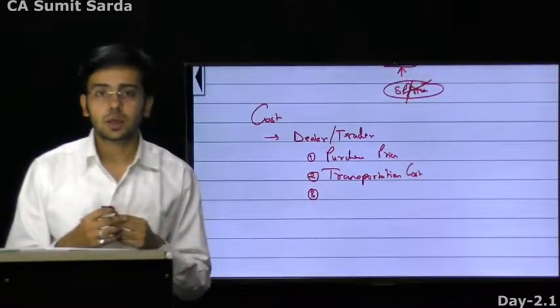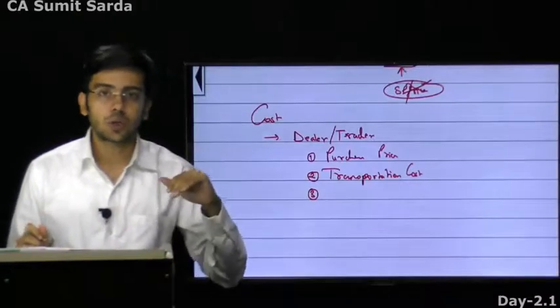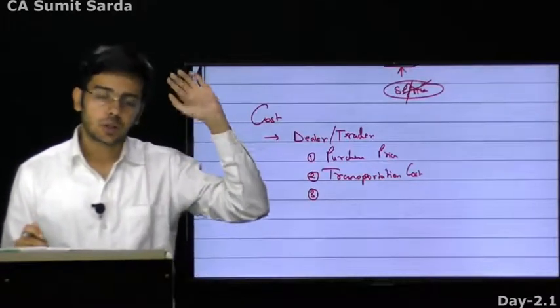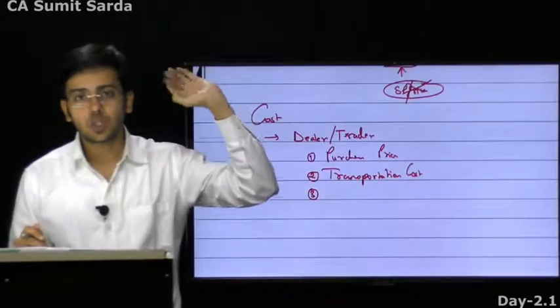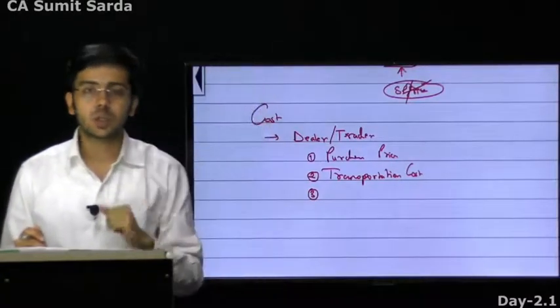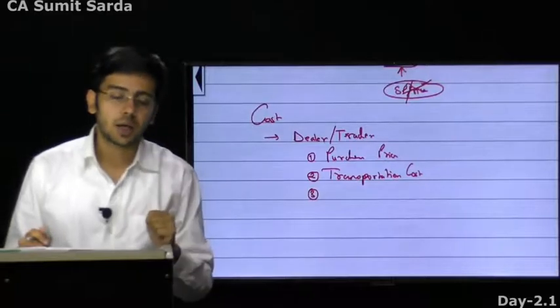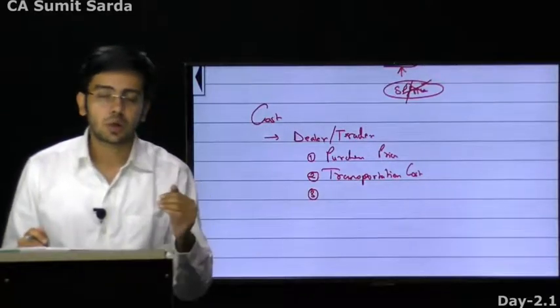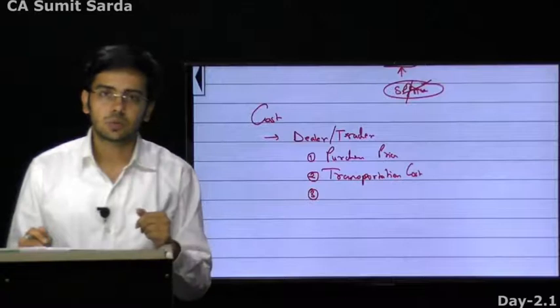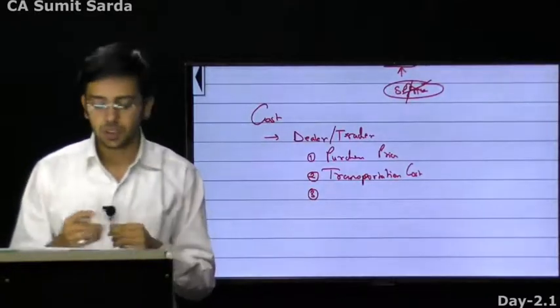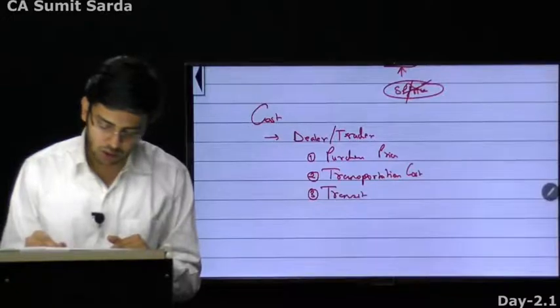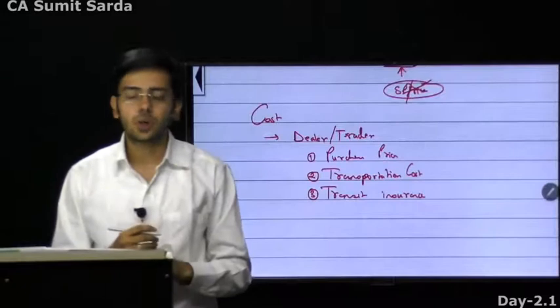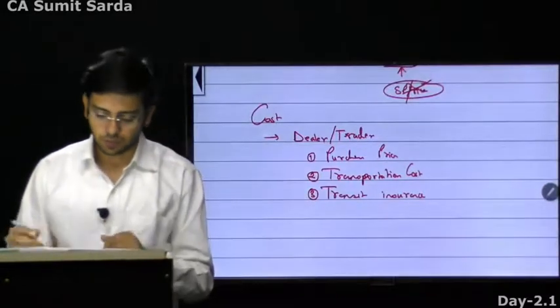If you are buying a car that has to come to Chennai from somewhere like Surat in Gujarat, and the routes are very bad, one of the glasses may break in the truck, which is a huge loss for the company. Generally, a company takes up transit insurance in such a case. So transit insurance cost can also be included in the valuation of inventory.